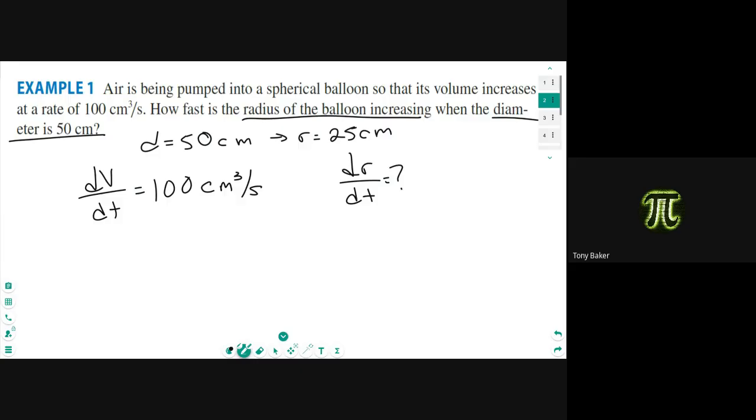So what do we know about the volume of a sphere? Anybody remember your geometry and remember the formula? Okay. Somebody ask Google the formula. Yeah, actually it is.